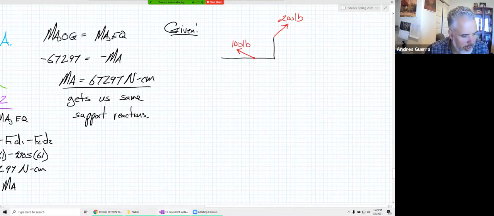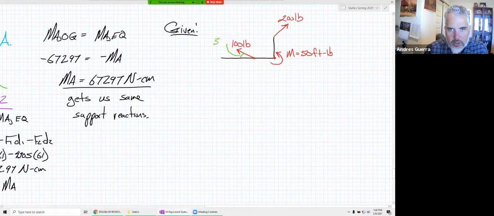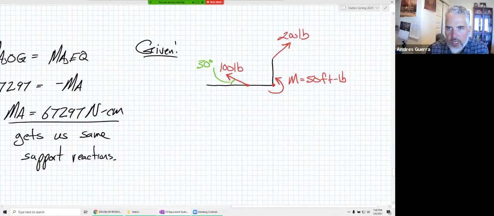And then we also are going to have a couple moment, just this moment that's applied right there at point C. Our M is equal to 50 foot-pounds. And we're given some geometry here, like this angle to the 100. That's a 30-degree angle. The angle for the 200 up here, that's a 60-degree angle.